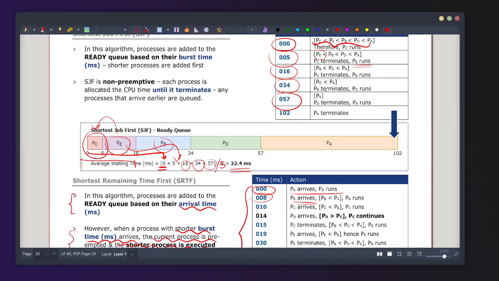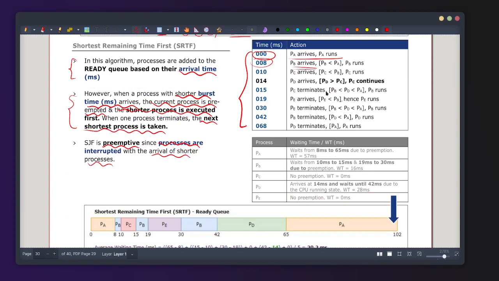So what this algorithm does is, it gets excited when it sees a process that is going to execute in less time. Process A is running, but as soon as process B arrives, it checks whether process B is shorter than process A and realizes, yes, it is. So process A is preempted back to the ready queue and process B runs.